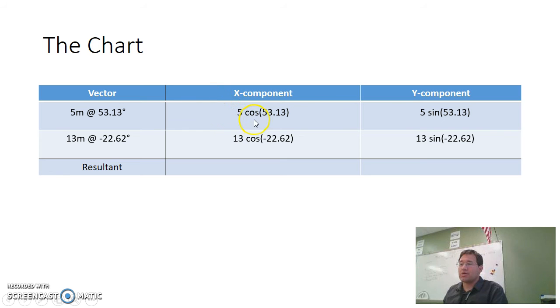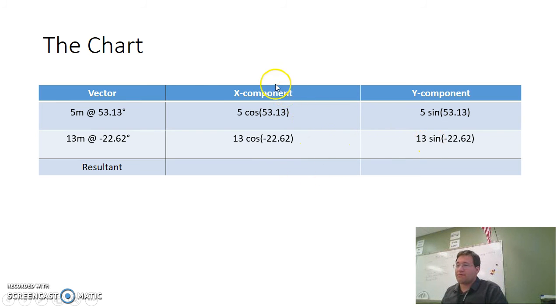What I always advise my students is, when you total these to get the resultant down the bottom, plug everything into your calculator just like this: 5 cosine 53.13 end parentheses plus 13 cosine negative 22.62 degrees end parentheses, enter. That'll give you the non-rounded number, and it means you have to do less work because you're copying down fewer numbers.